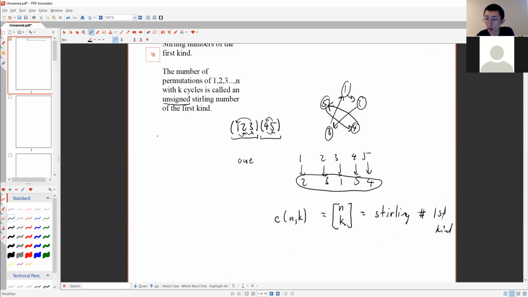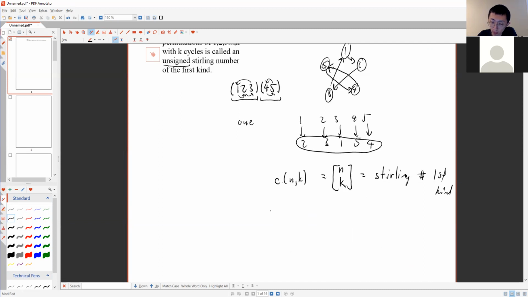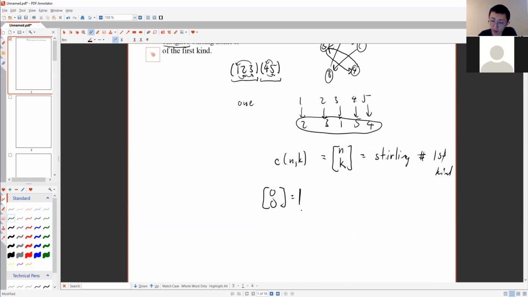So let's see. Can we compute some small values? If we have 0, 0, it's just defined to be 1. So this is defined to be 1.